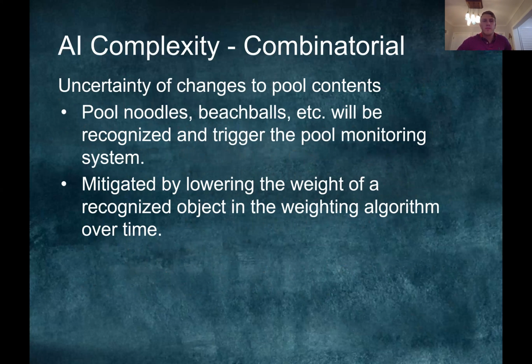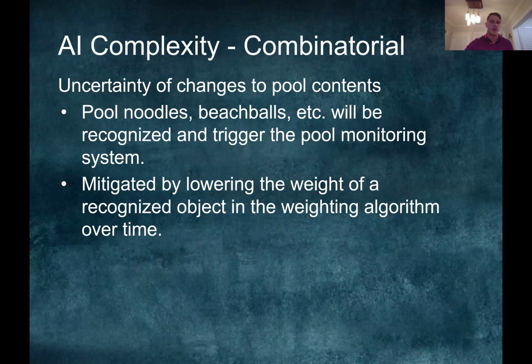Our combinatorial complexity involves uncertainty of changes to pool contents when a user decides to leave pool noodles, beach balls, things in the pool. That's going to trigger the pool monitoring system, and it will alert the user saying there's a non-human object in the pool. As stated before, this can be mitigated by the weights of the weighting algorithm changing over time.